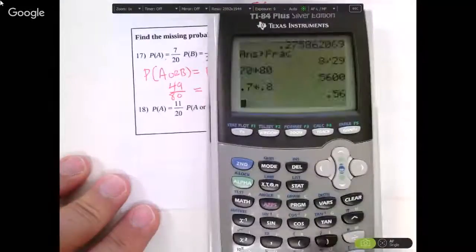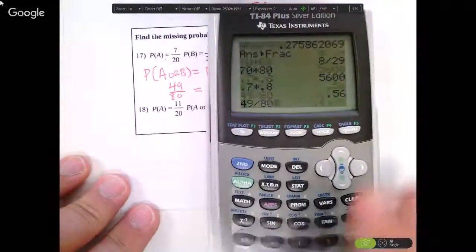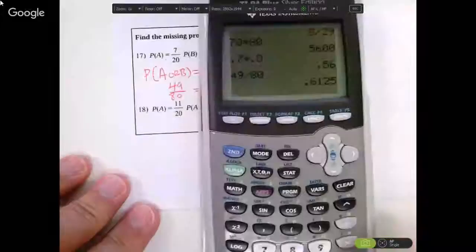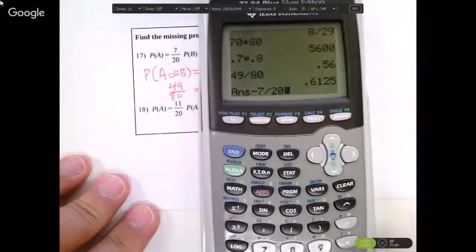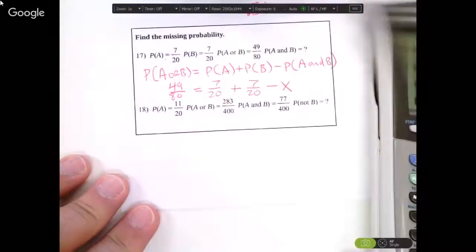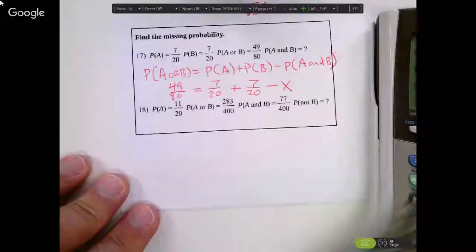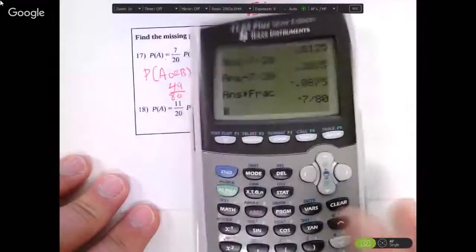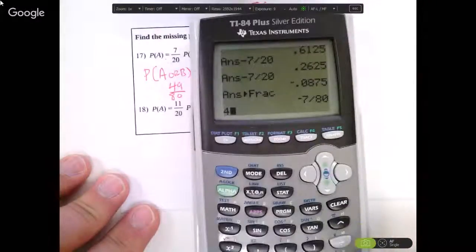So all I have to do here now is 49 divided by 80, and then subtract 7 divided by 20. I did something wrong, didn't I? It's 49 over 80 minus 14 over 20.